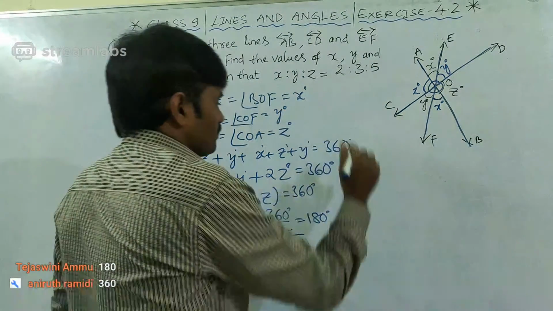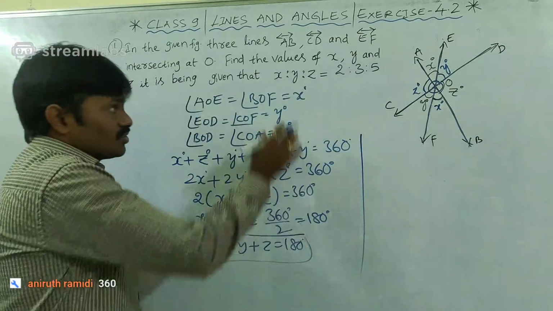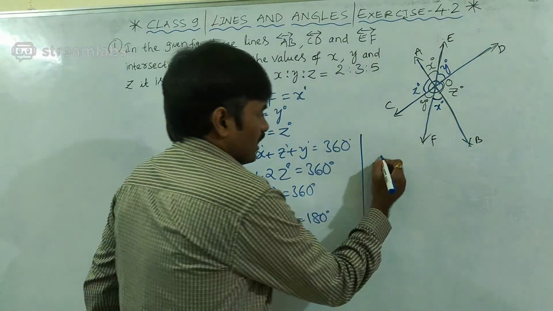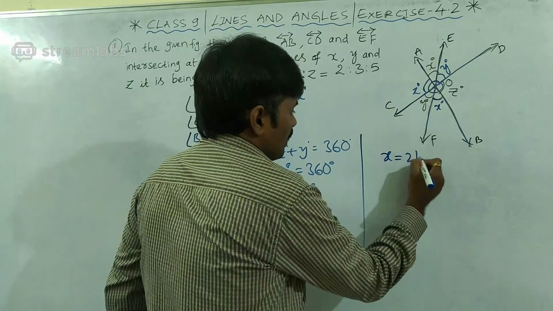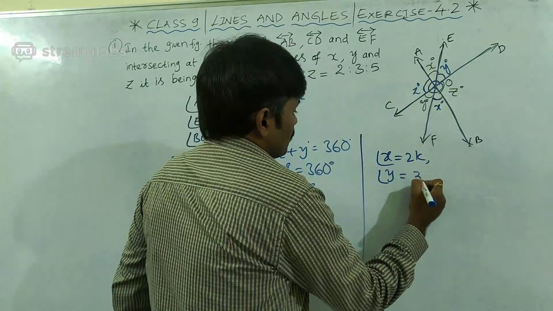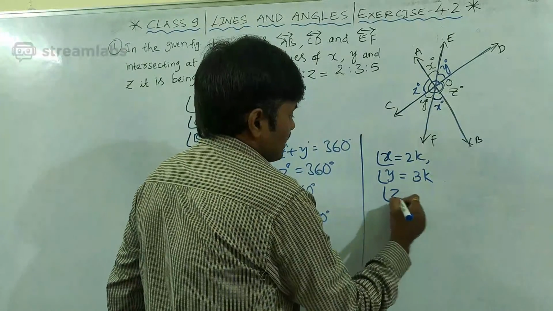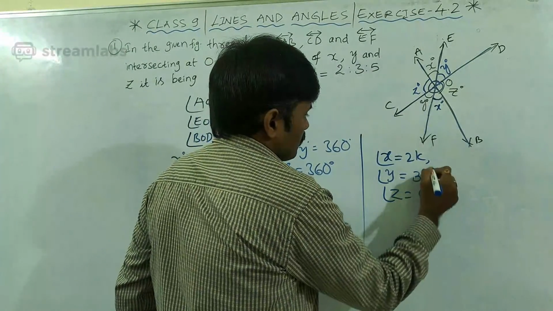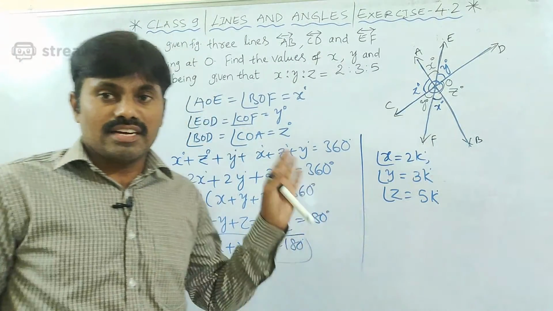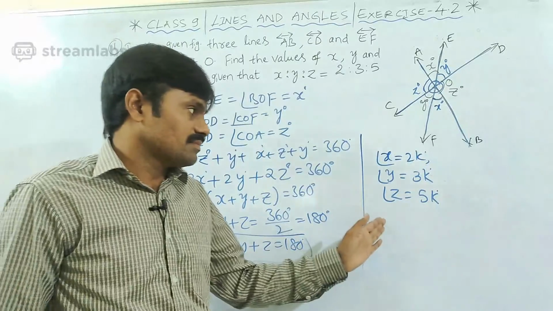Now how to start? Assume these three angles separately like this: angle x is equal to 2k, angle y is equal to 3k and angle z is equal to 5k degrees. Did you understand? Here the ratio is given, so I am assuming like this.